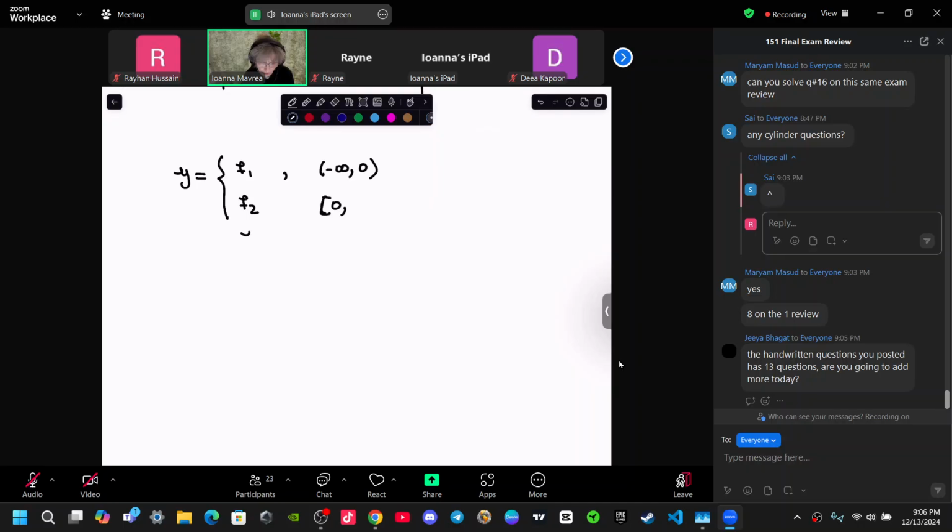Let's do 3 pieces, to 4, and let's say this goes from 4 to somewhere. In one place the 4 is included, in the other place it's not included. It really doesn't matter where it's included. It doesn't change the way you're going to do the problem. Well, it changes it a little bit. Okay, I lied.